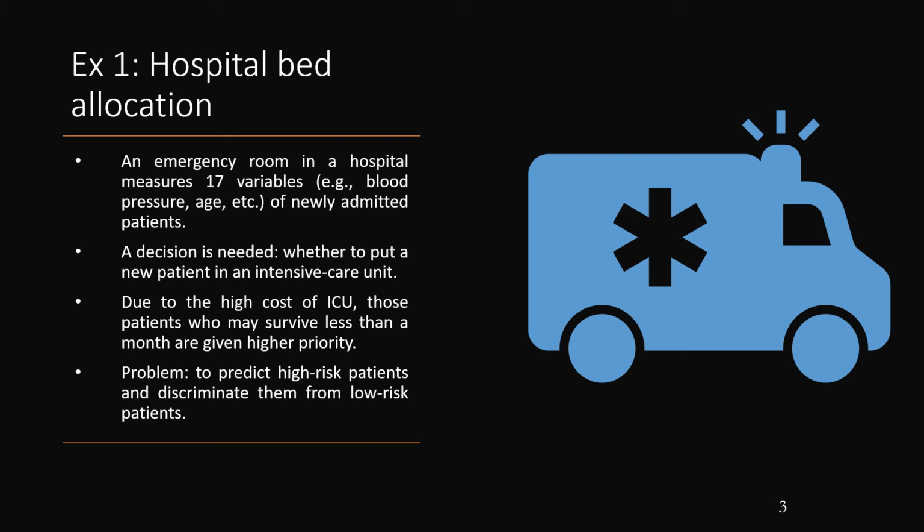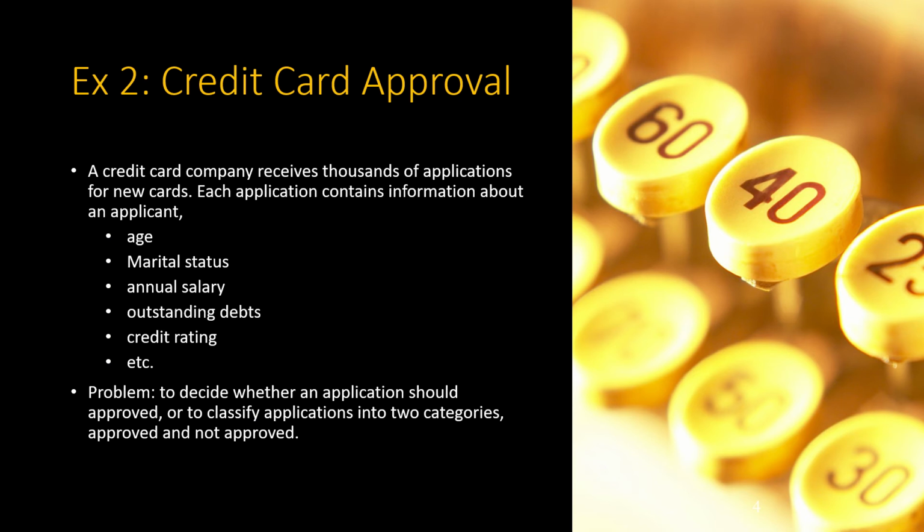Then if it is high risk, you are going to give him a bed in the ICU. If not, you are going to give a bed later in the ICU because he is a low risk patient, he can survive outside the ICU. So this is the first example for you to understand how the supervised learning approach can be implemented.